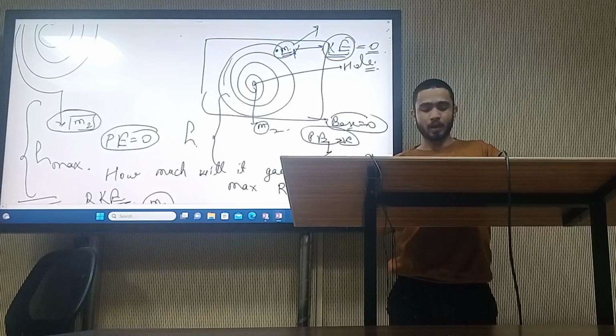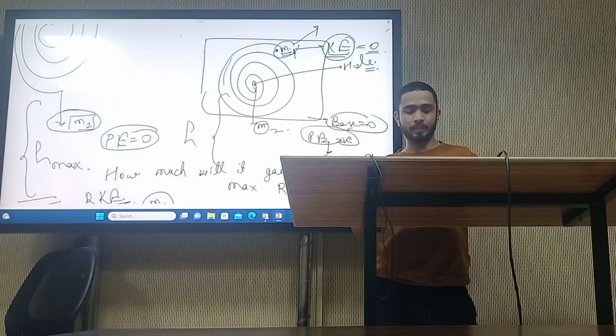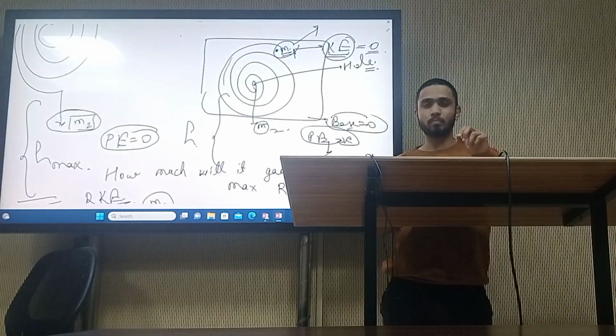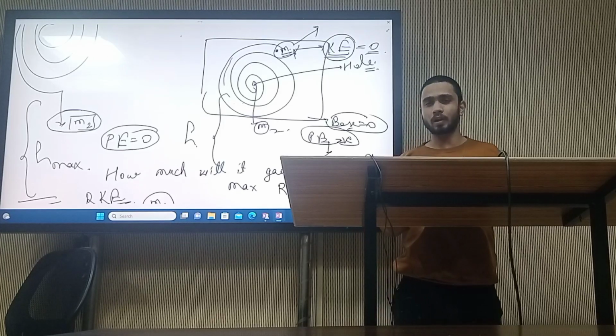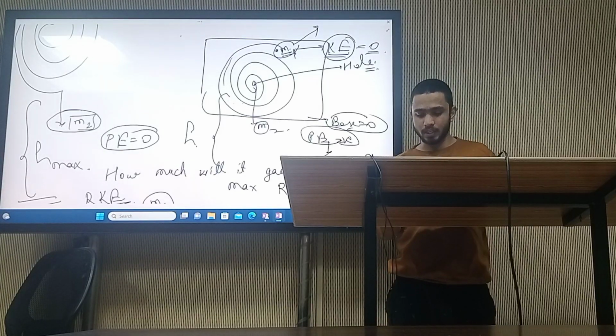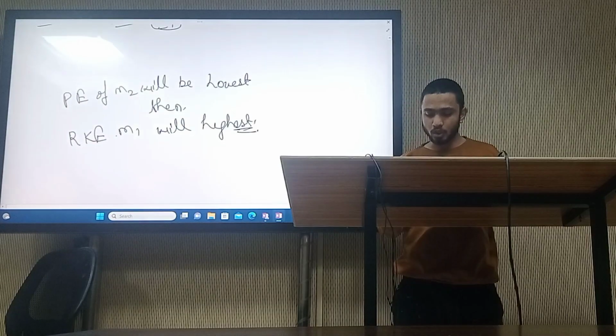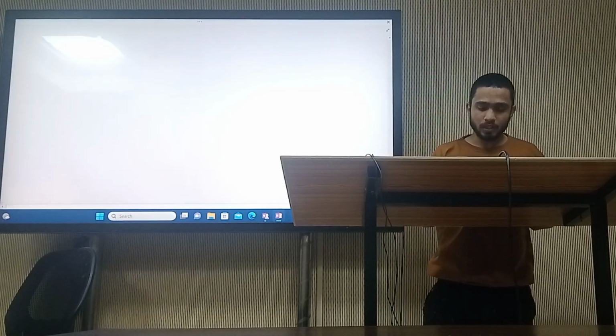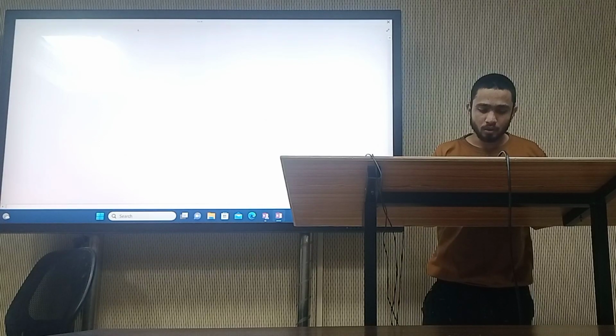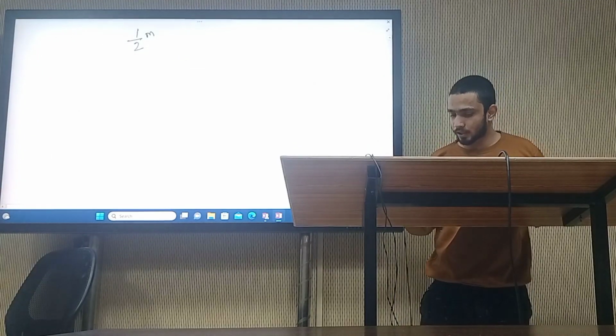So this is the situation. It will move on the circular path. When m2 is coming down, m1 is also bound to move in the circular path. So m2 potential energy is decreasing and m1 rotational kinetic energy is increasing.